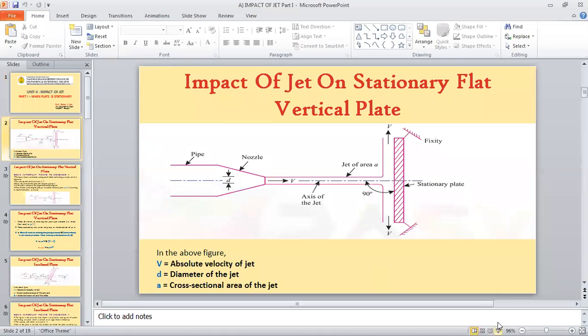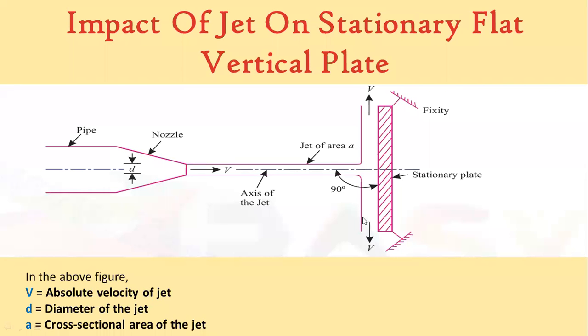So this is a pipe at the end of which a nozzle is attached, so that the water falls out of this nozzle with a very high velocity, in the form of a jet. This jet of water strikes a plate which is vertical and which is held normal to the jet.